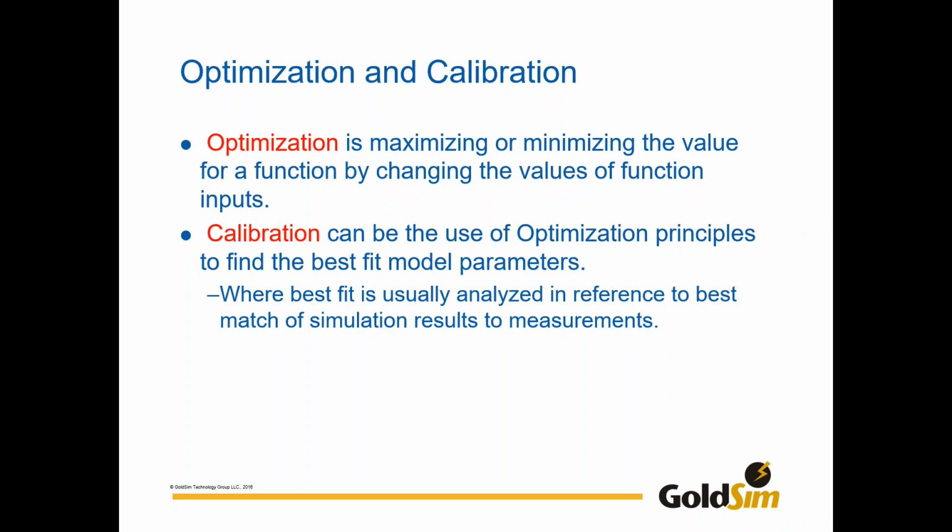And so really calibration is using mathematical optimization principles to find the best fit model parameters, or the best estimated model parameters, based on minimizing that sum of squared errors. Okay, and that best fit is simulation results to measurements.